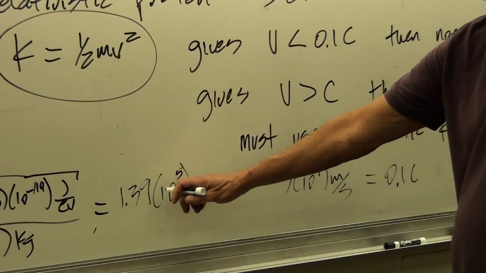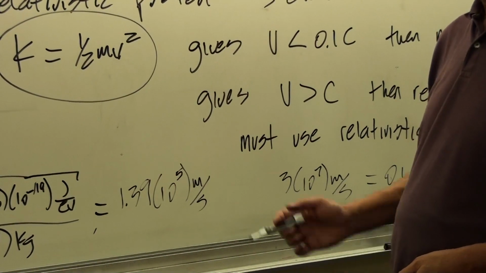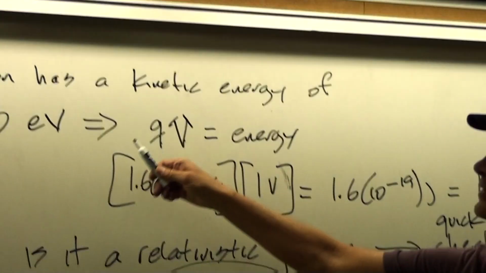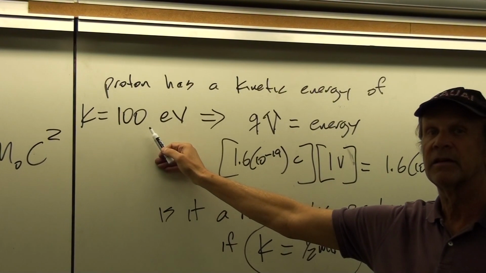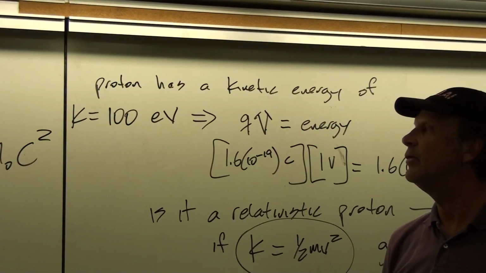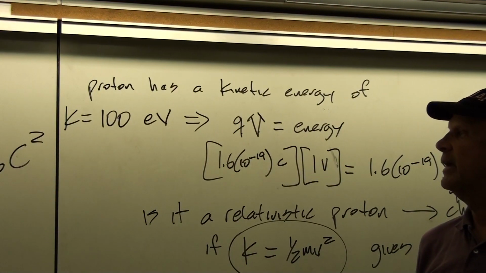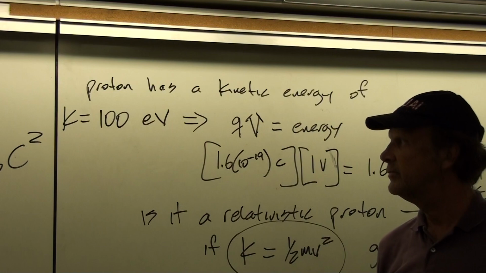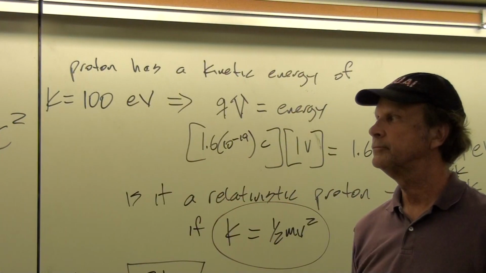So this is way less than 1/10 the speed of light, and so therefore a proton that has this kinetic energy is non-relativistic. Okay, so that's a quick and easy way to determine whether the object has a relativistic energy or not.